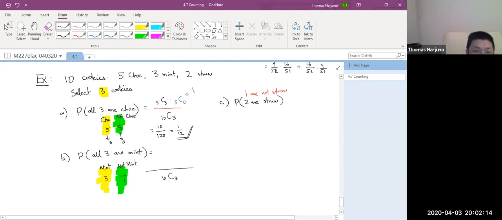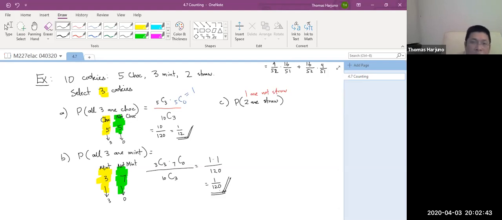I need to select 3 from here and nothing from the other. That will be 3 choose 3 times 7 choose 0. When I compute, I get 1 times 1 over 120. That's 1 over 120. So the probability is very, very small for me to randomly select exactly 3 mints if there are only 3 mints among the 10 cookies.